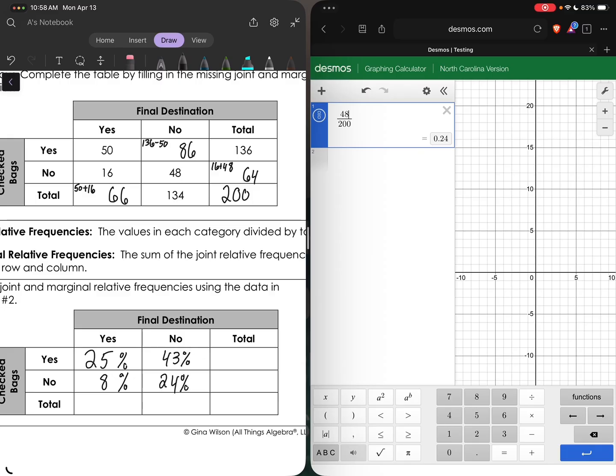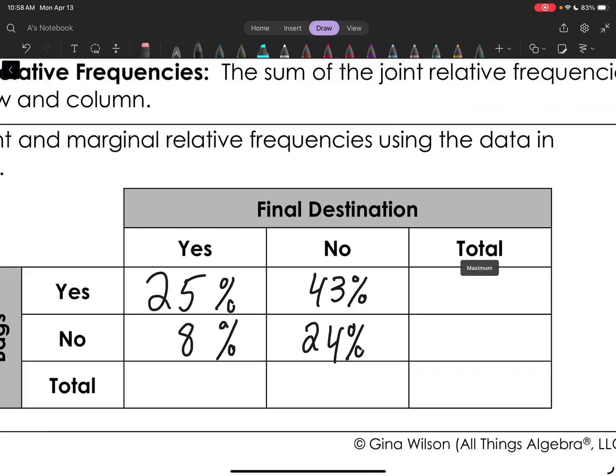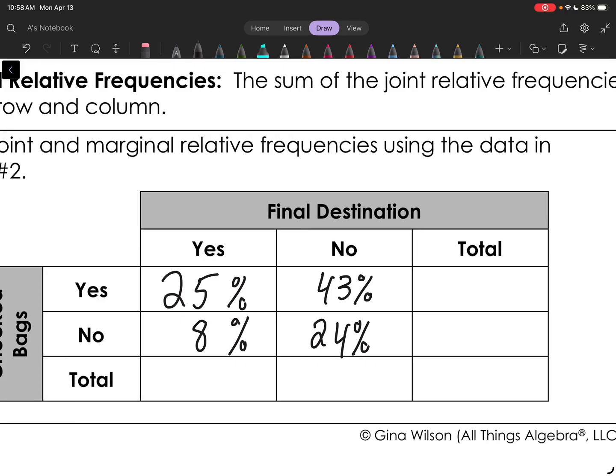You do have the option to go through and type in 136, 64, 200, 66, 134 to get the rest. I'm just going to add 25 plus 43 is 68. 8 plus 24 is 32.